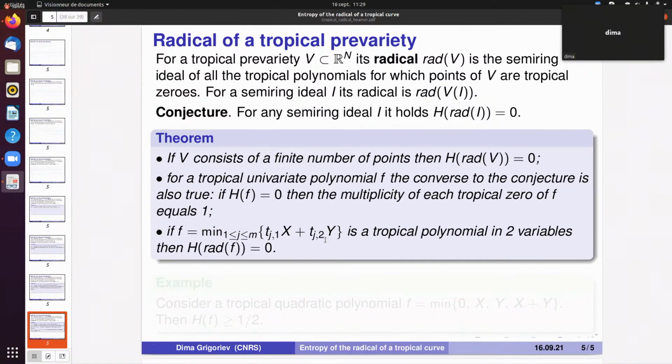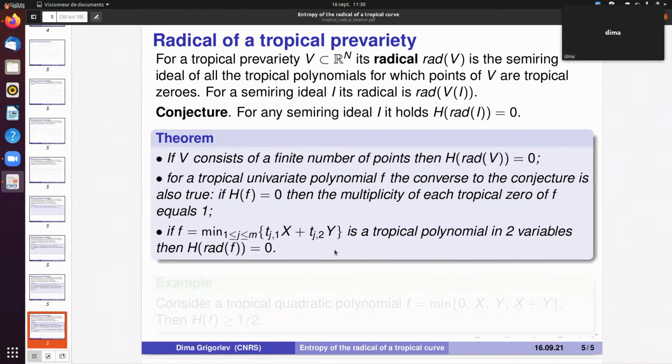And then the conjecture is true, so the entropy vanishes. Unfortunately, I don't know anything beyond this theorem about the conjecture, in particular, say, for a general tropical curve, not homogeneous, and more so in the multidimensional case.